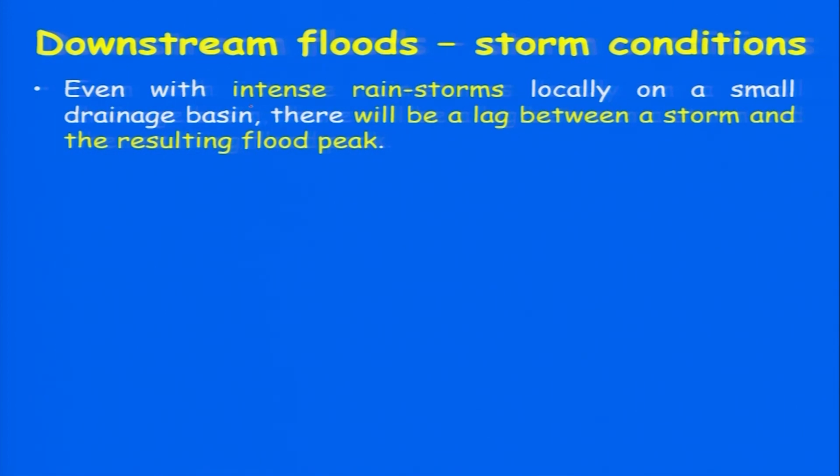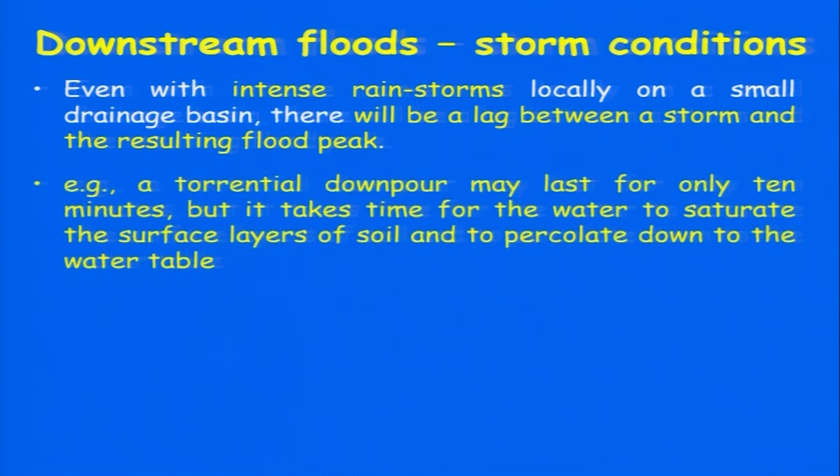So with intense rainfall locally on a small stream or storm drainage basin, there will be a lag between storm and the resulting peak.